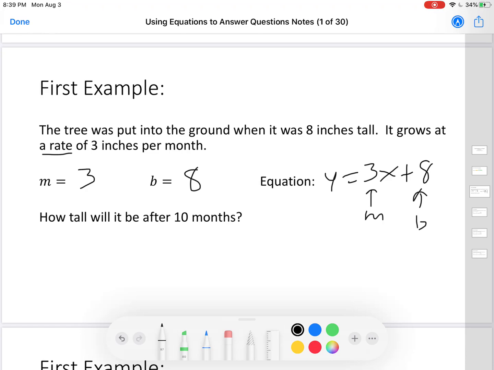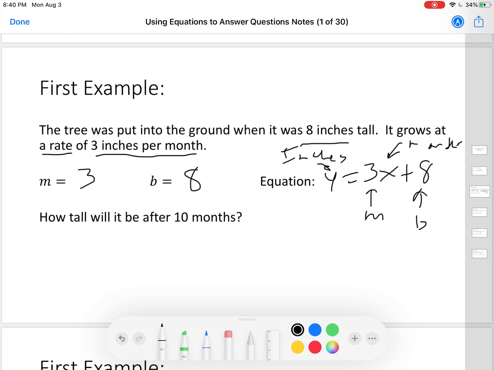All right? Now, how tall will it be after 10 months? Well, since the rate is 3 inches per month, that means x must be months. And y, since b is 8 inches, y must be inches.